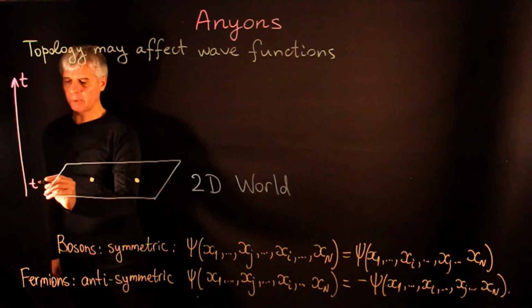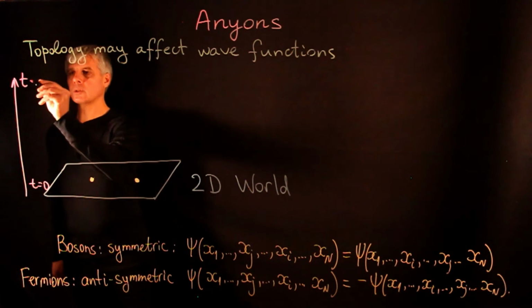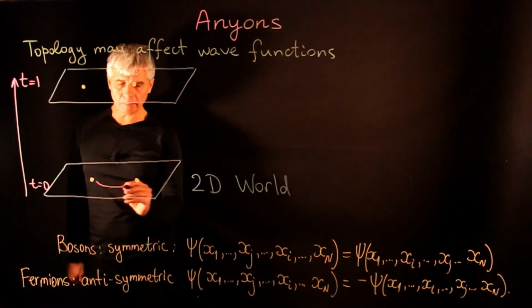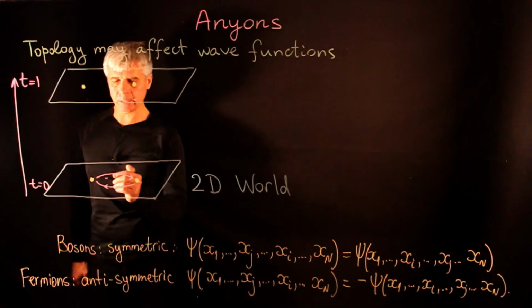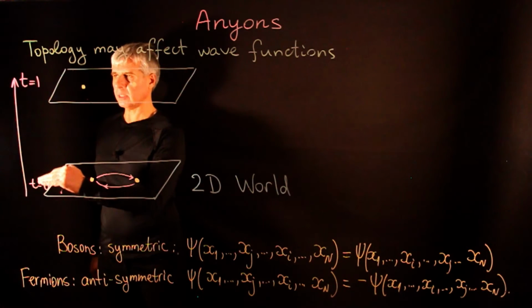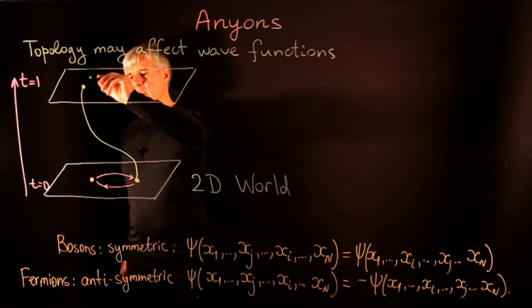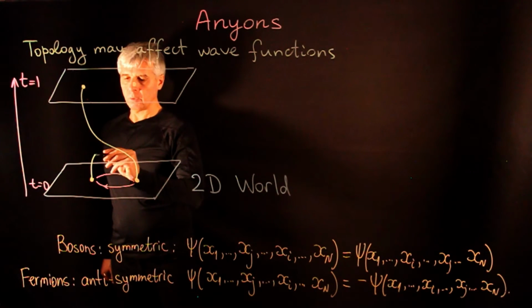This will be time equals 0, and we want to look at the evolution of this world to time equals 1. Here, if we want to make a picture of a clockwise exchange of the particles, then if we plot it along the time axis, we get the following picture. One particle will have this trajectory, and the second particle will go behind it.